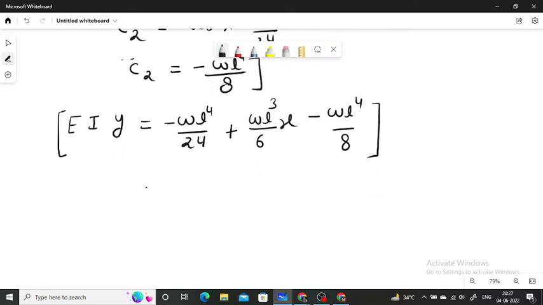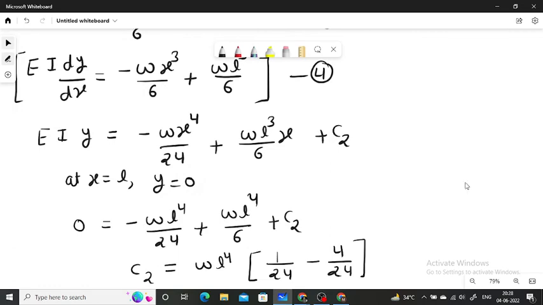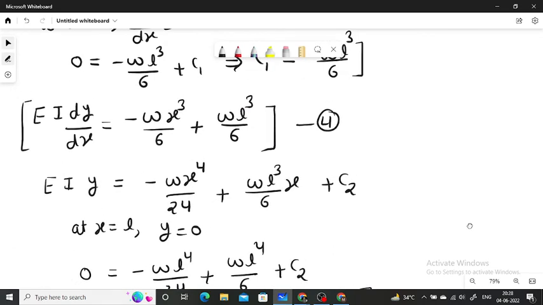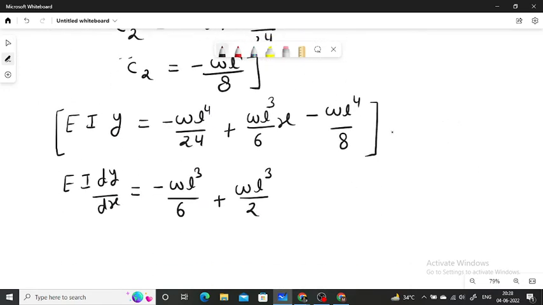And the slope equation will be EI dy by dx is equal to minus wx cube upon 6 plus WL cube by 6. Let's check the equation value.